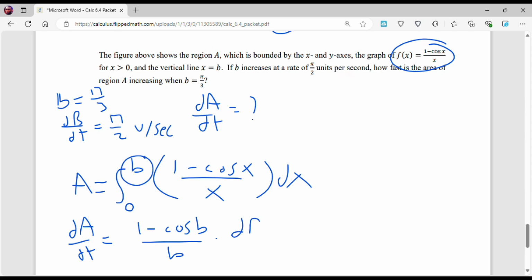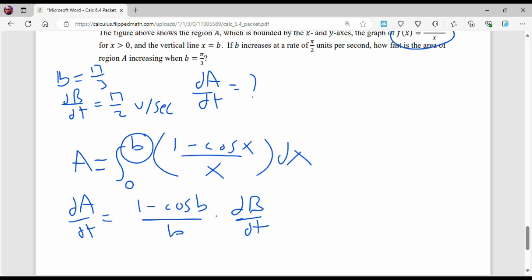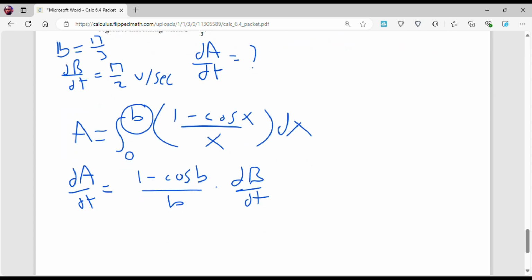So times db/dt. Okay. So b is pi over 3. So what's cosine pi over 3? Use our unit circle knowledge. So it should be 1/2, if I'm not mistaken. So 1/2.